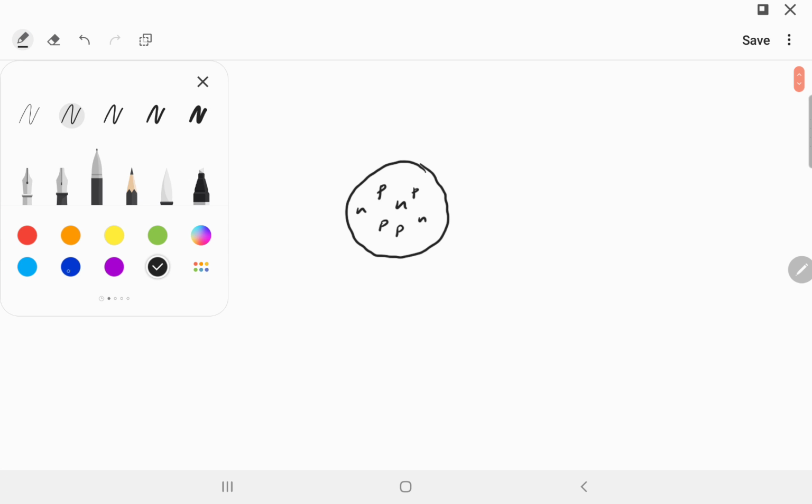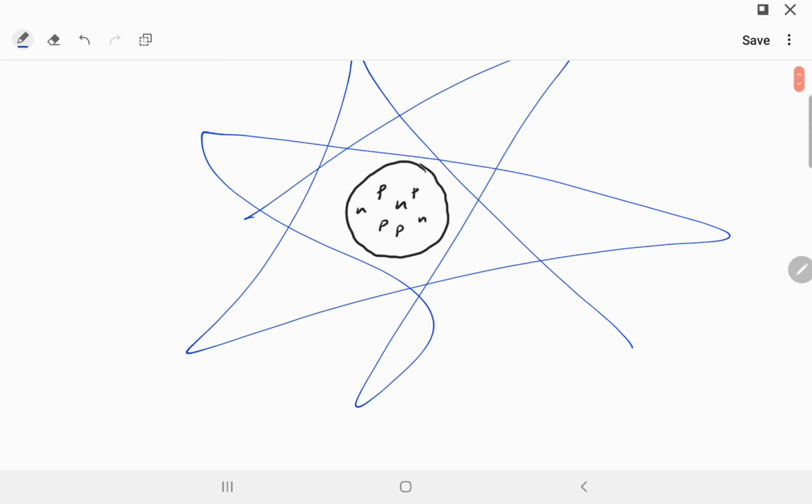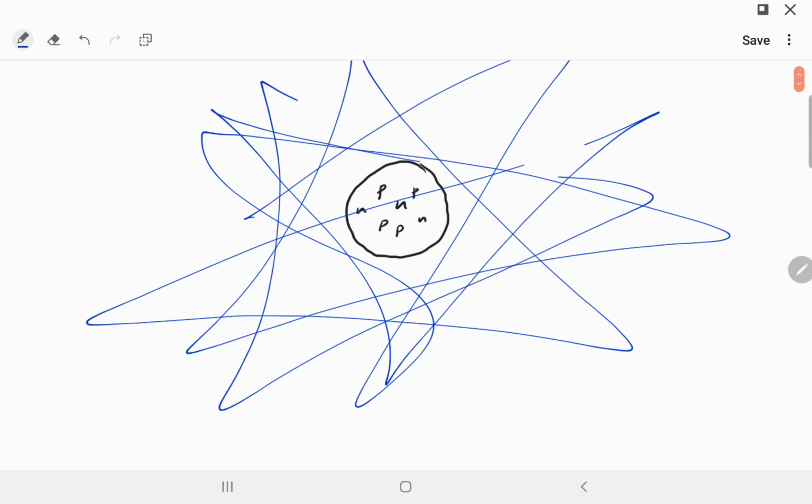And electrons, the 10,000 times lighter guys, are basically running around crazy. Electrons are very mobile and very lightweight, so they are moving at a very fast speed around the nucleus.